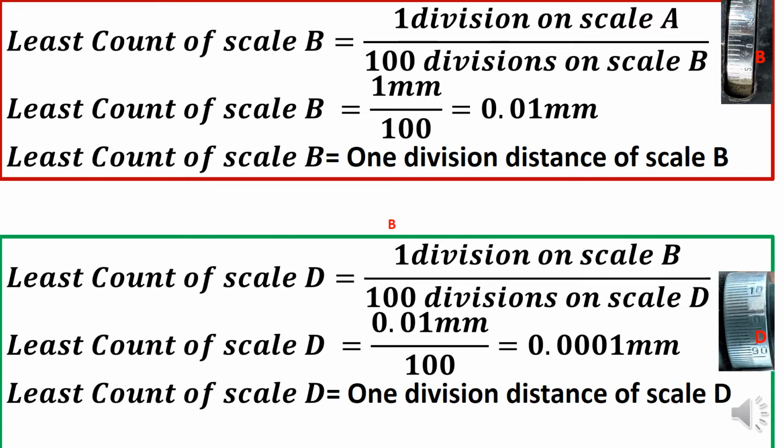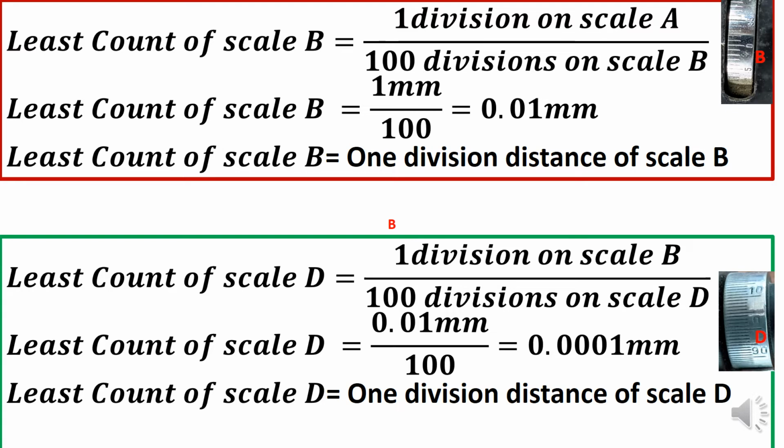So the least count of scale B means the one division distance of the scale B. Similarly for the scale D, it is one division distance on the scale B divided by 100 divisions, because 100 divisions are there on this scale D. One division on scale B is 0.01 mm, that we already measured, the same value we are taking, divided by 100.